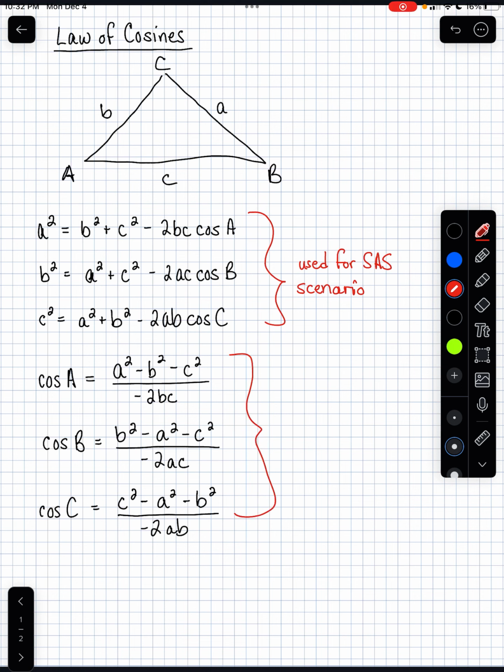These three forms are equivalent to the three above, but they are just reworked to solve for the cosine of the angle. So these three are particularly useful when we have all three sides, little a, little b, and little c, and can just plug them into these formulas directly, and that would give us the cosine of the angle, at which point we can use the arc cosine, if need be, to get the measure of the angles.